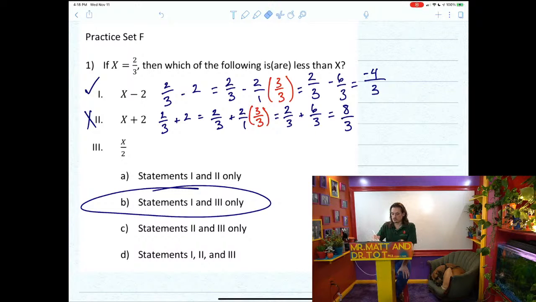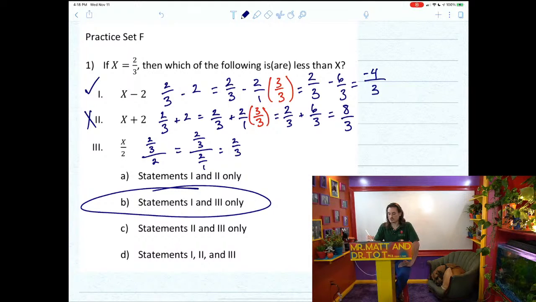So we're going to have 2/3 quantity divided by 2. I can rewrite that as 2/3 divided by 2 over 1. When I divide a fraction by a fraction, you keep the numerator the same, change the operation from division to multiplication, and take the reciprocal of the denominator, meaning that you flip the numerator and denominator around.